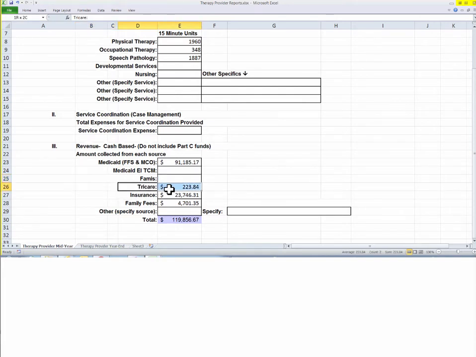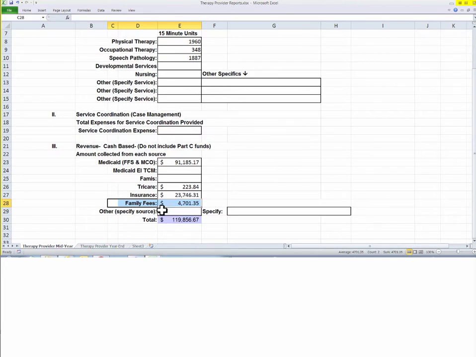We recorded TRICARE payments of $223.84 during the period, and all the other insurances are aggregated together, and we reported $23,746.31 there. We collected family fees of $4,701.35.